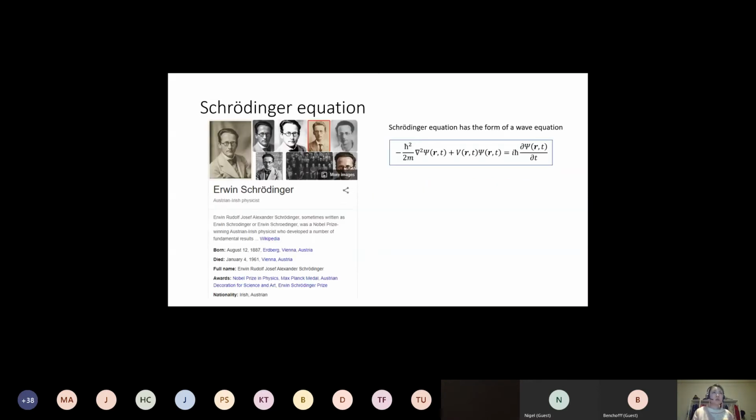So Schrodinger's equation, if you look at the form here, it looks like a wave equation. It's got a second derivative of the function here, and then it's got a time derivative of the same function. And this V here is just an external potential. Sometimes you don't have this term, but if you just look at the form, it looks like a wave equation.